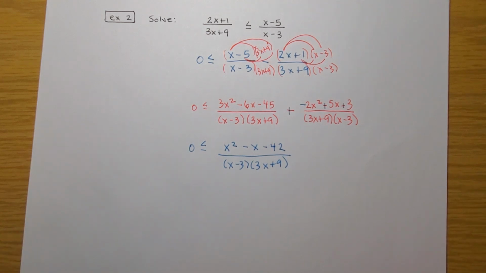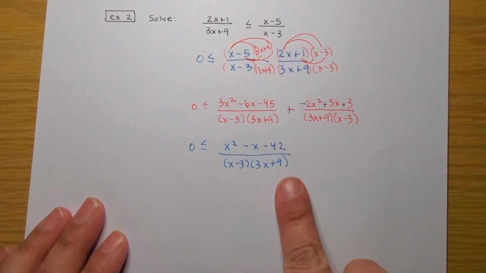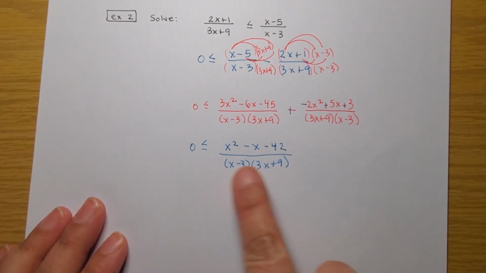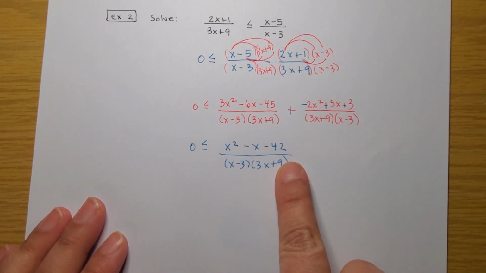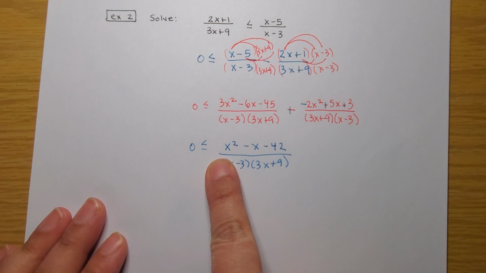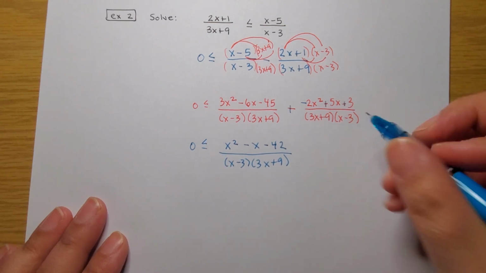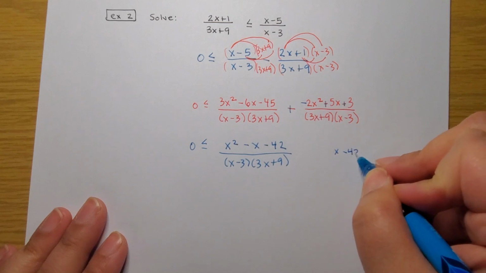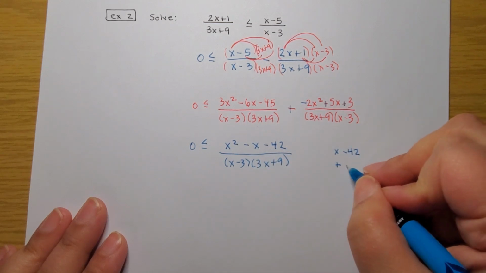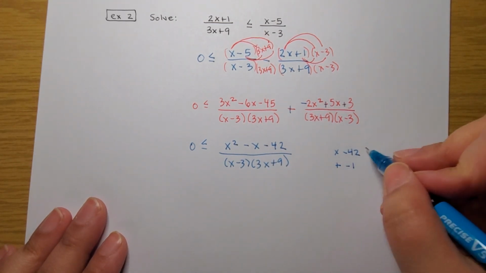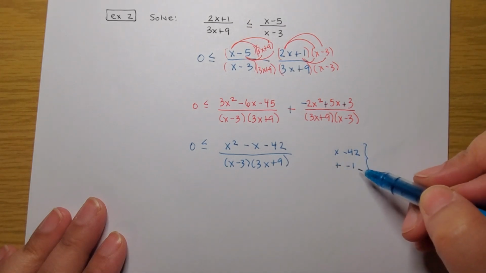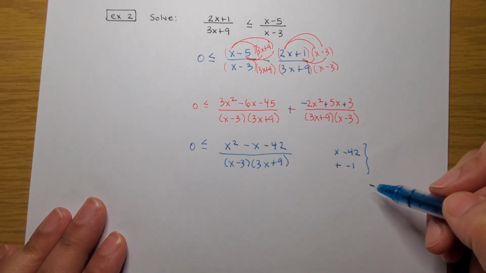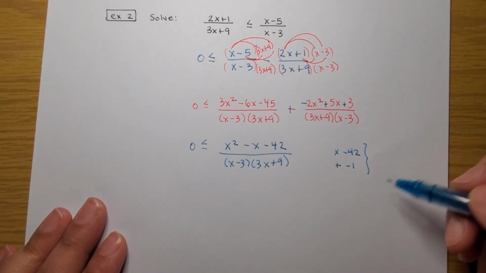Okay, now, looking better. The denominator is in factored form. Let's work with the numerator now. In the numerator, we have a basic quadratic with a leading coefficient of 1. So we're looking for two numbers that multiply to negative 42 but add to negative 1. Since they add to a negative, they have to have different signs, and they have to differ by 1.